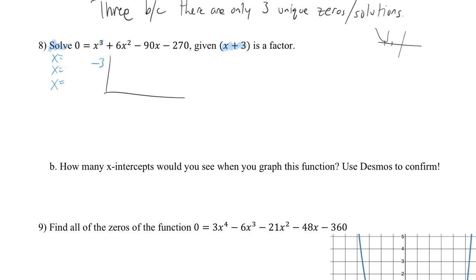Check for gaps. 3, 2, 1, 0, no gaps. 1, 6, negative 90, negative 270. Drop the 1, multiply, add, multiply. Add.